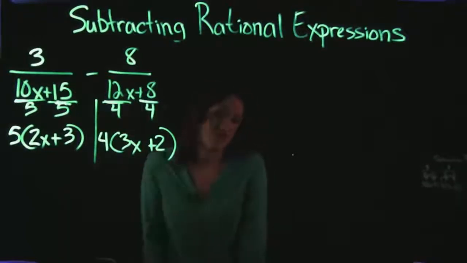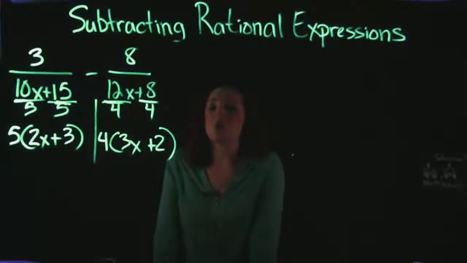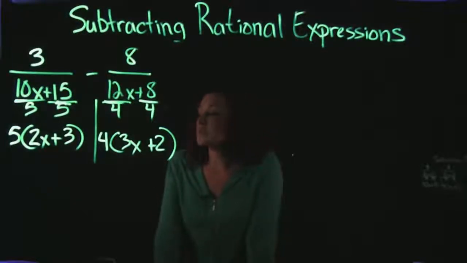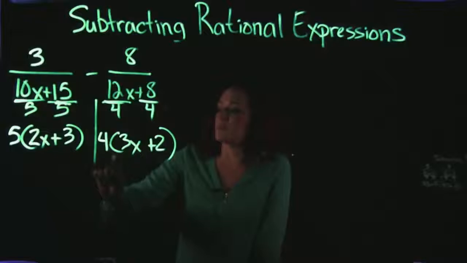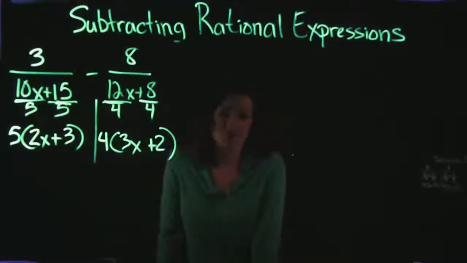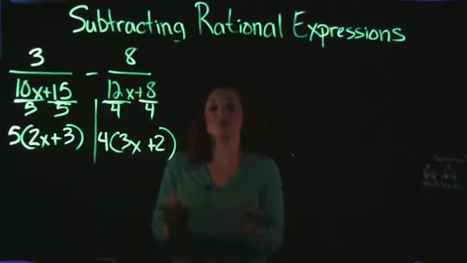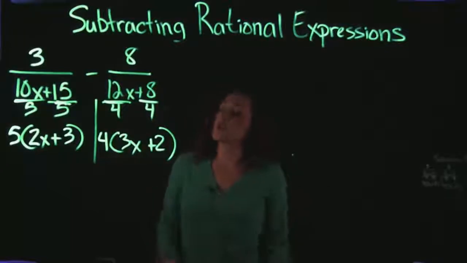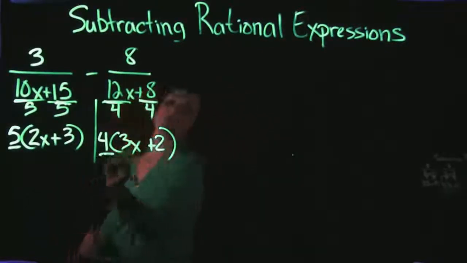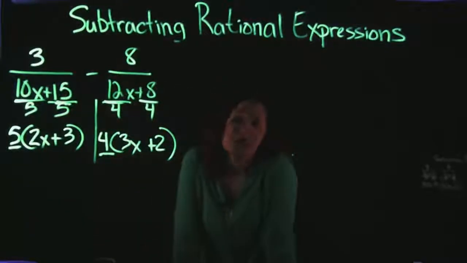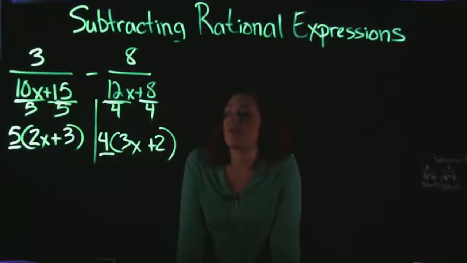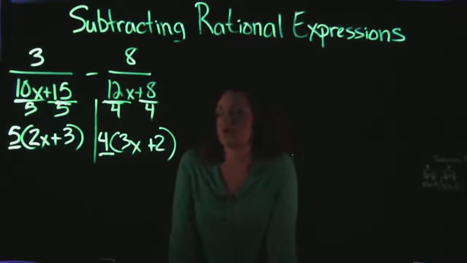Now that we have our denominators factored, we can look for what our common denominator would be. It's always best, especially since we have numbers and polynomial factors in our denominators, to look at the 2 things separately. Starting with our numbers, the number 5 and the number 4. Remember, when it comes to common denominators, we are looking for the first multiple that we have in common as far as our numbers are concerned.